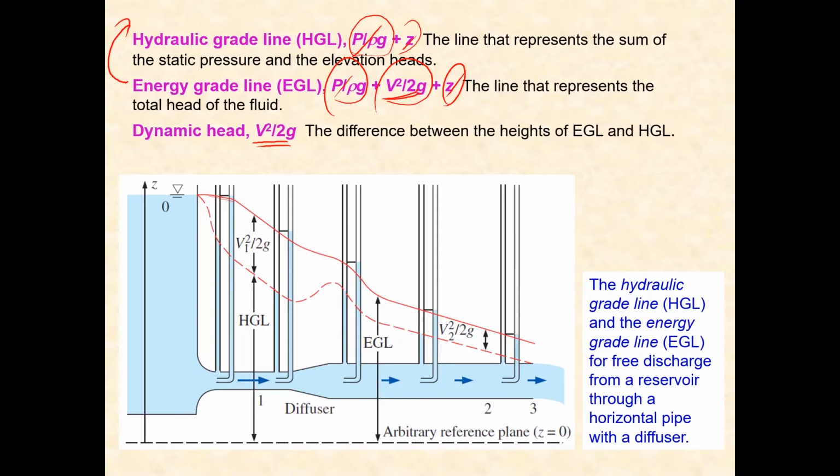EGL is the total: the static plus the dynamic plus the potential or elevation heads. Meanwhile, the bottom one is the hydraulic grade line, which is static and elevation. So the gap between these two lines gives you the dynamic head. This is useful if you want to find the velocity of the fluid in a pipe or channel, for example.